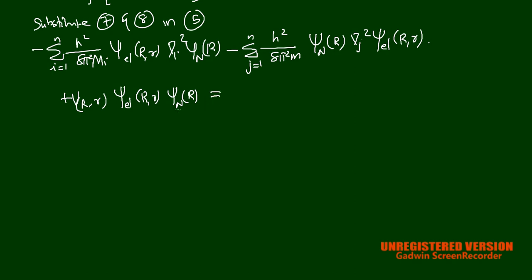Now that's equal to the right hand side. In the right hand side we have the total energy ET multiplied by the wave function, which is psi electronic(r,R) psi N(R). Now what we are going to do is divide the entire equation by psi electronic(r,R) psi N(R).